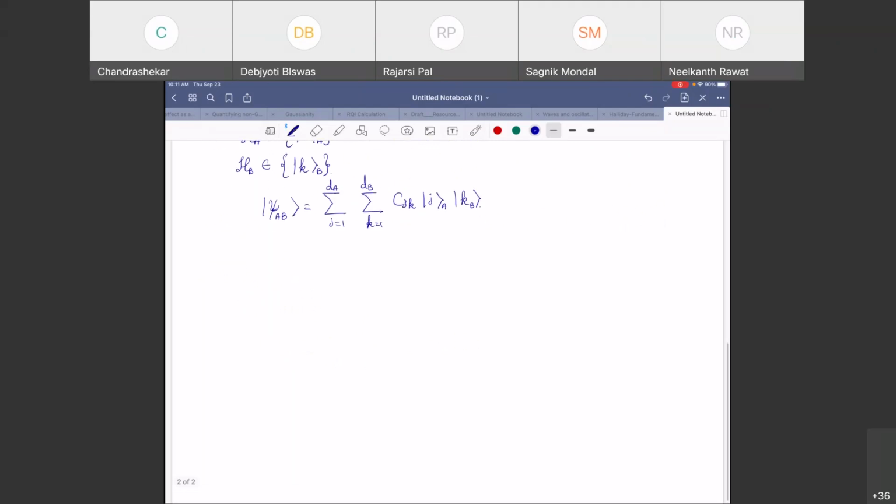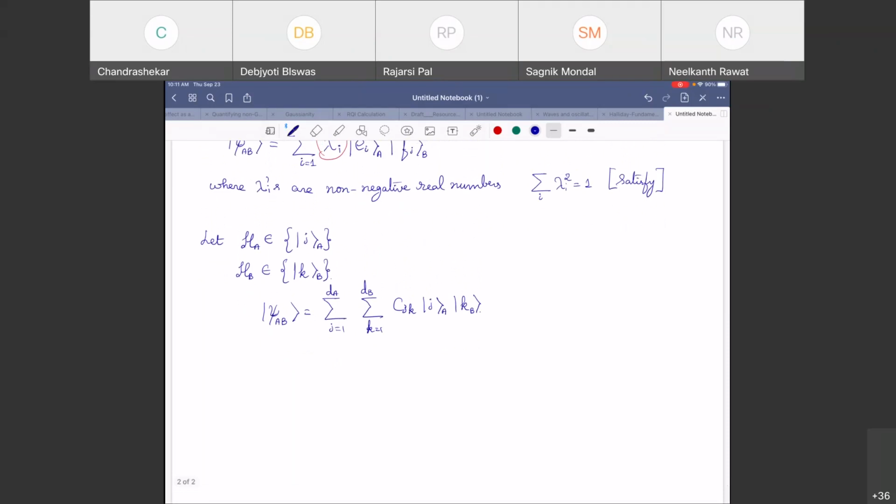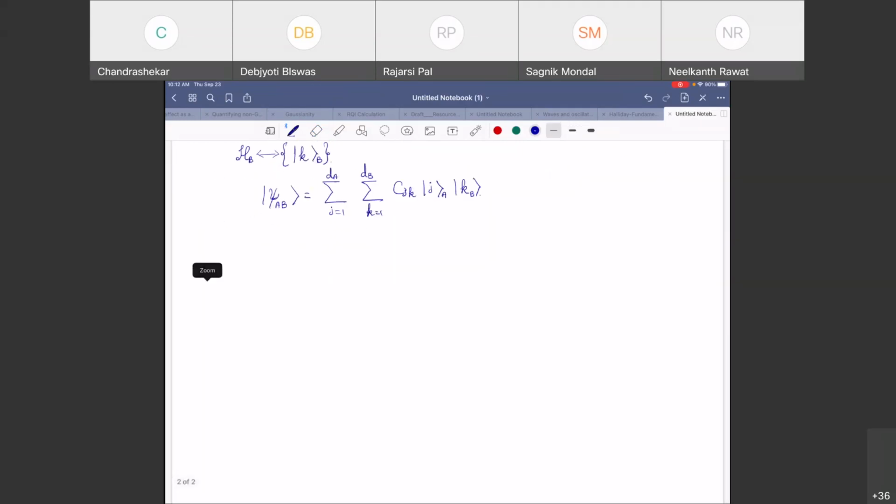What do you mean by this notation that H_A is contained in this set of basis vectors? Sorry, what I'm trying to say is that the j's are an orthonormal basis for H_A, and similarly k is a set of orthonormal basis vectors in H_B.